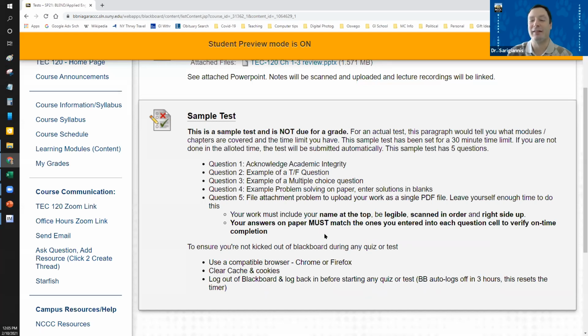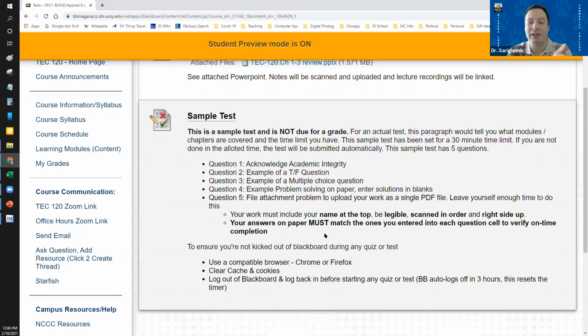A few things about file attachment. Some of the faculty are having people take the tests during class time on Zoom with all their cameras on, asking for identification and everything. Others are just doing it through Blackboard. Some of us are trying to get some balance between giving the tests online.